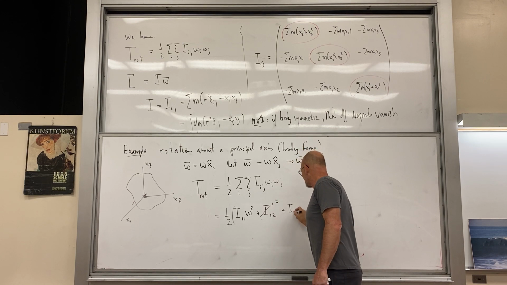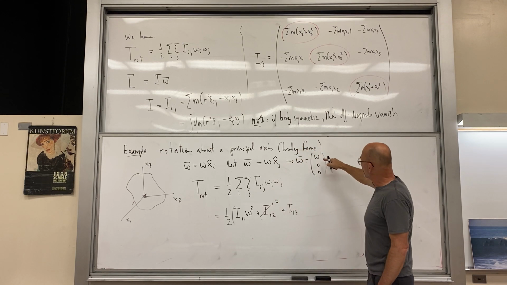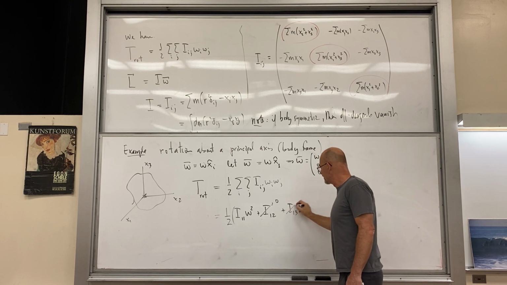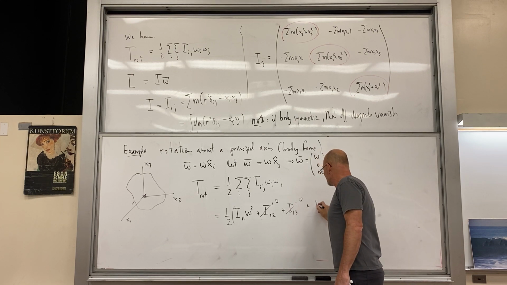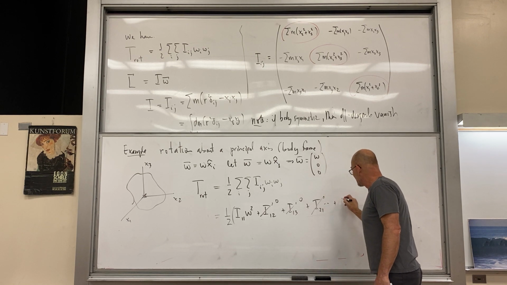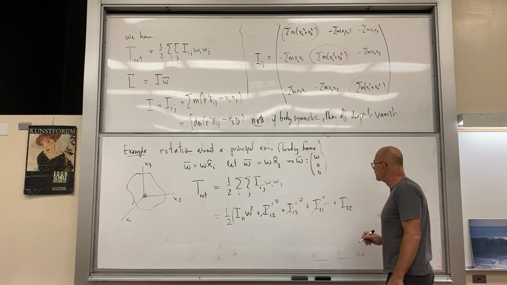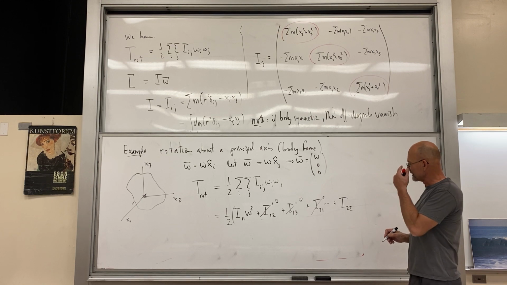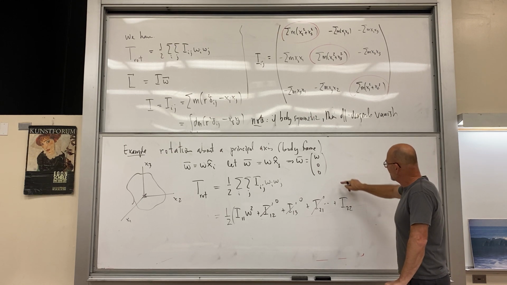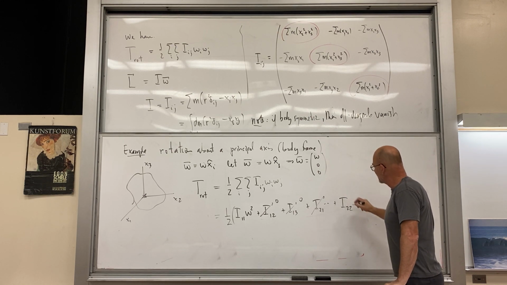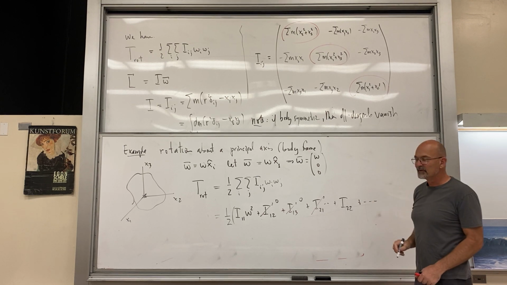Plus I13 omega 1 omega 3, 0, plus I21, 0, plus I22 omega 2 squared, and so forth.